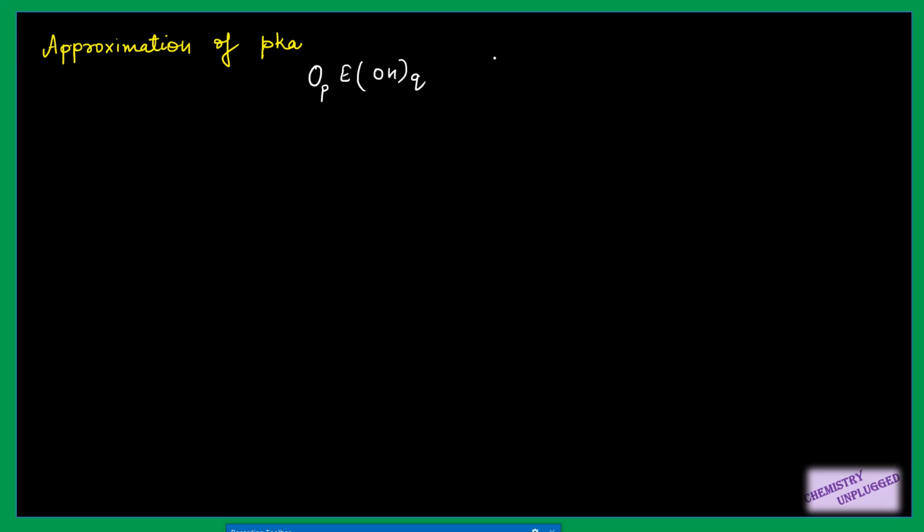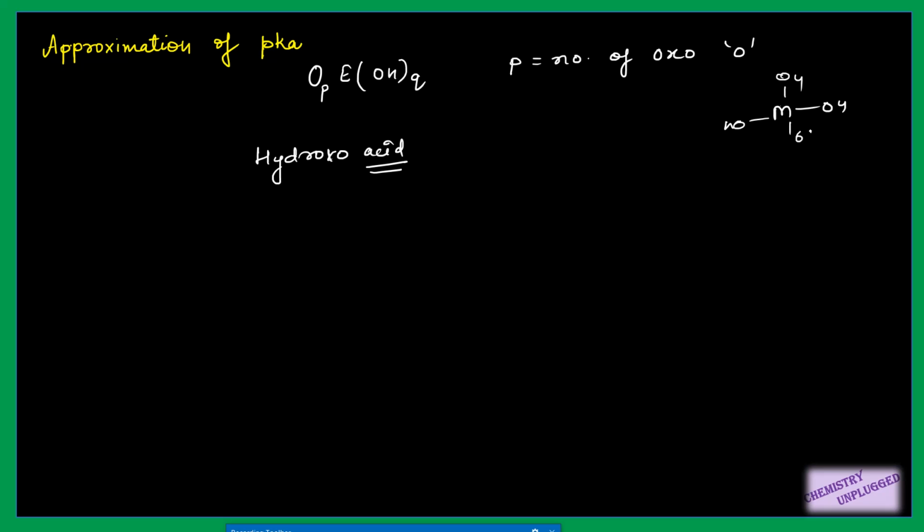P is the number of oxo oxygens, and Q is the number of OH. For a hydroxo acid, there is no oxo group. Your element is directly connected with different OH, there is no M double bond O, so this p value is 0.